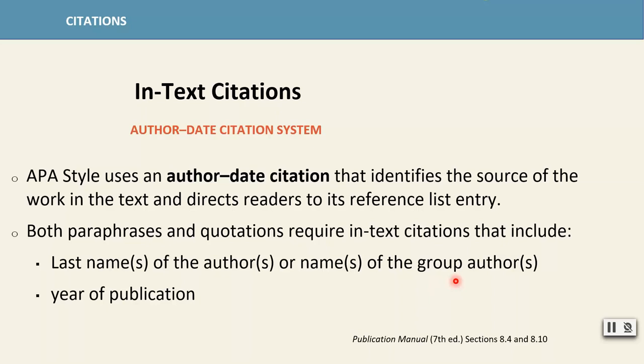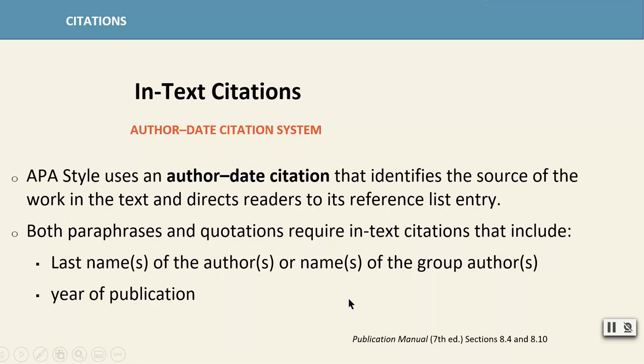But sometimes if you do not have an author, if it is a good source, then you'll go into the next element, which would be the title of the source, and that would become the first element of your in-text citation, followed by the year of publication. And that may be a little bit confusing.